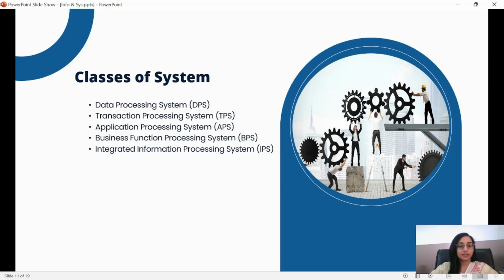So first class of system is data processing system. A data processing system is one that uses a computer program or language to process raw data and transform data into information by using a method known as transaction processing.